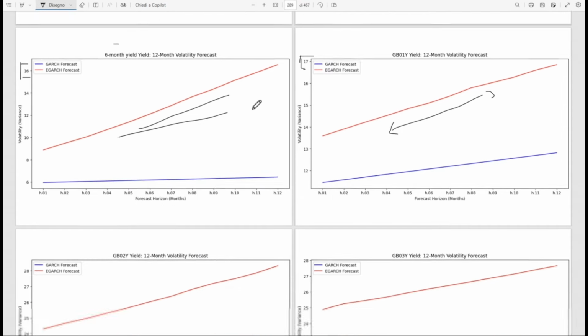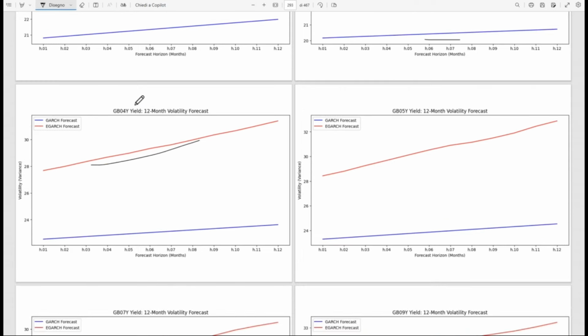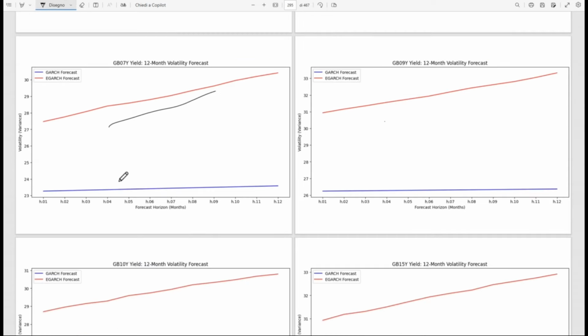And then these are all the vols for basically all durations, 4-year, 5-year, with higher vol for the GARCH model, which is the red line. And the GARCH model volatility is high, a value like 26 or 25 variance, but it's pretty much flat, constant for the forecast horizon.